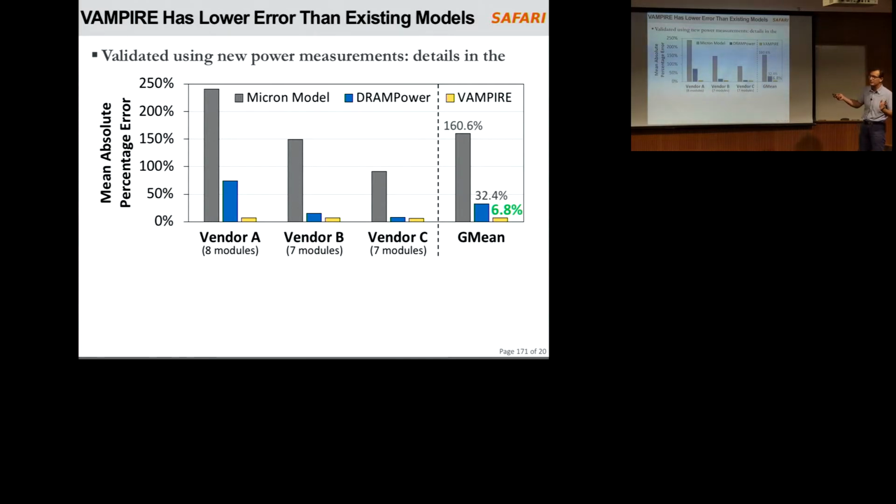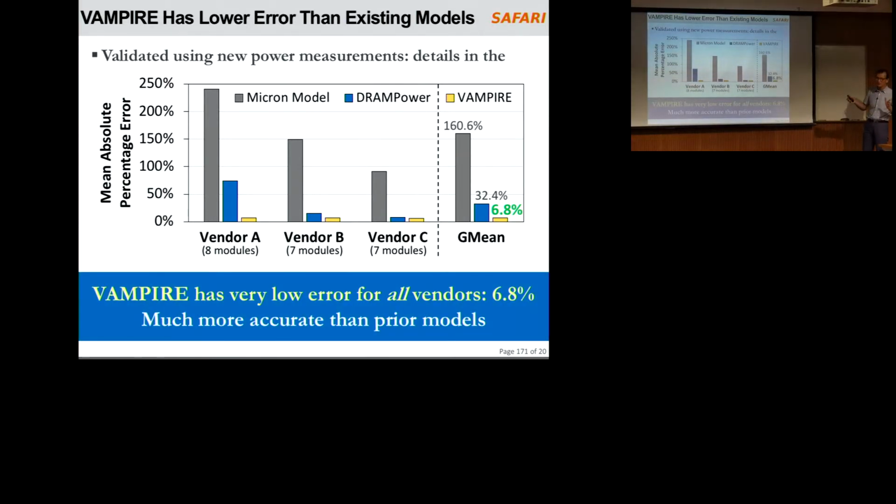This is the Micron model that a lot of people use. Basically, all of these are somehow data sheet based, and they do some fudging. And this is the DRAM power model that we used previously. So there's significant error that you get in previous models, and the error that we have in our model is relatively small. Of course, we can improve it further going forward.